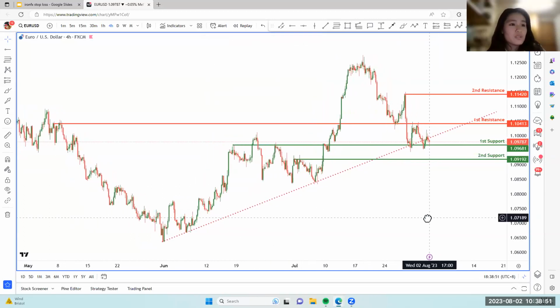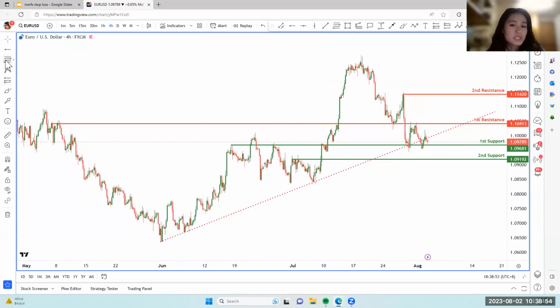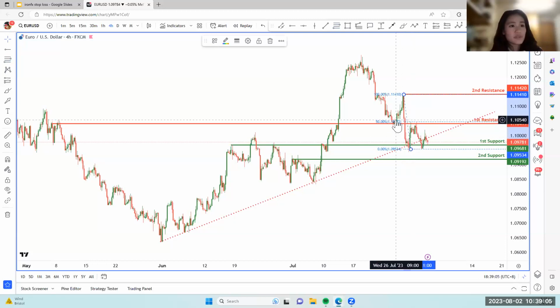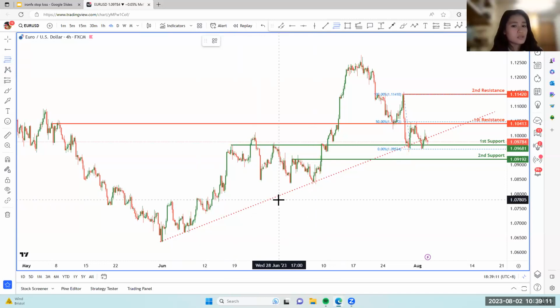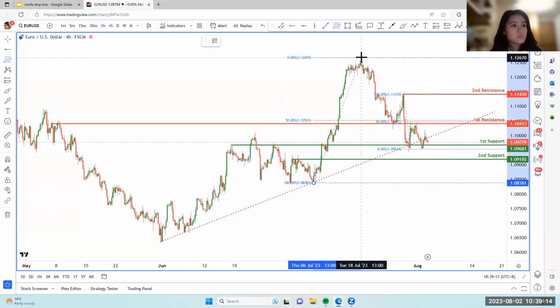Okay. So now that we have that, let's go in with our Fibonacci levels. So from here to here, I have a retracement. You can see my 50% retracement lines up, and even though this 50% lines up nicely with my first resistance, it's no longer valid because you can see price has already broken out of this level.